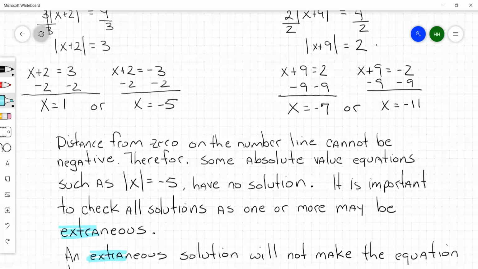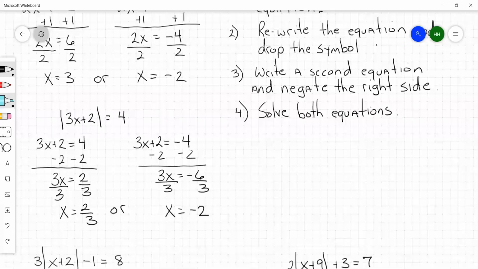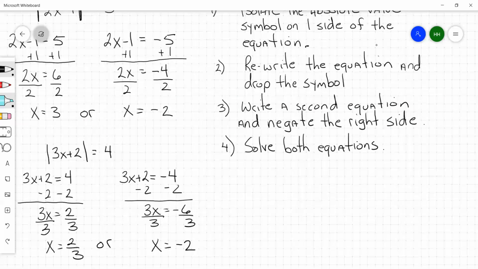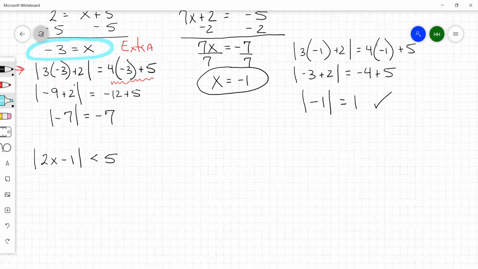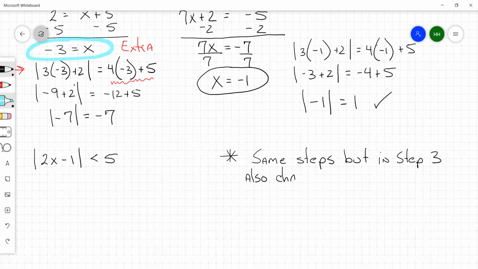Let's see. This said to write a second equation and negate the right side. So we're just going to say same steps, but in step 3, also change the inequality.